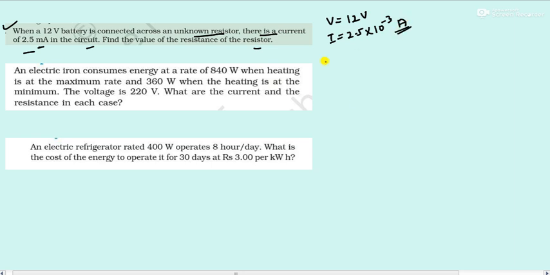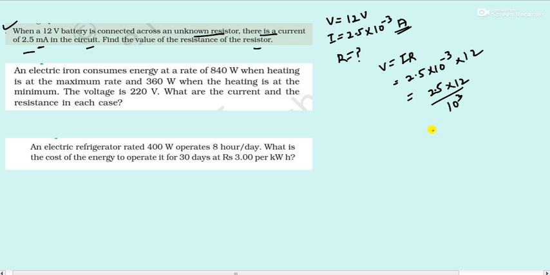You have to always write in ampere. Next, find the resistance. So V is IR. I is 2.5 into 10 power minus 3 into R is 12. So how much are you going to get? So this is 25 or 2.5 into 12, and if you bring this to the denominator, this becomes 10 power 3.